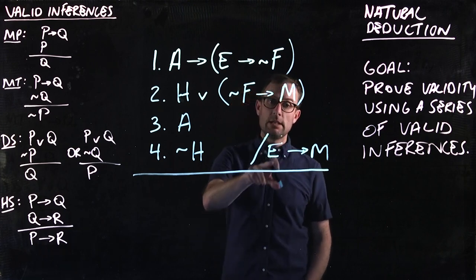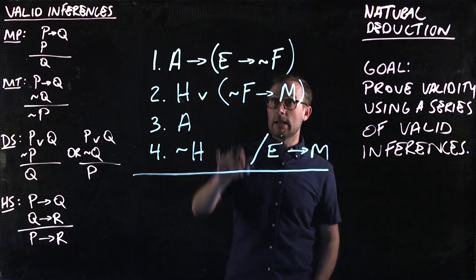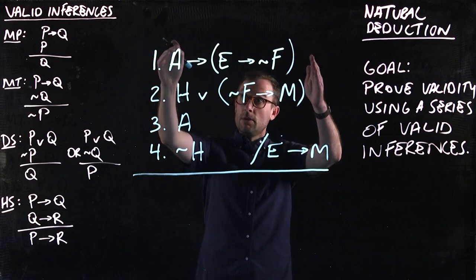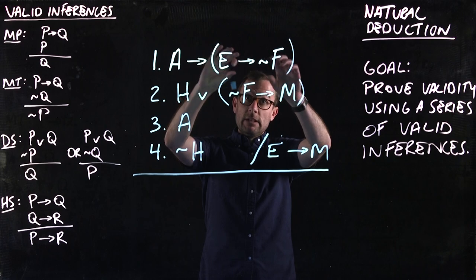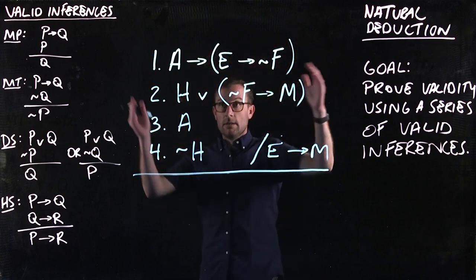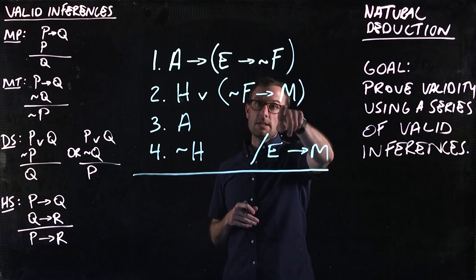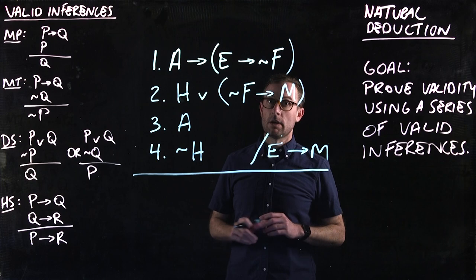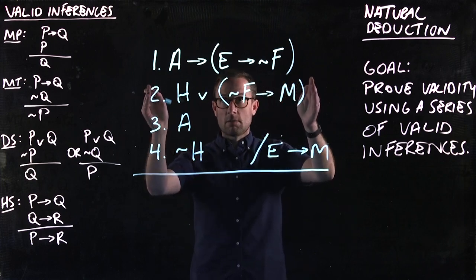So I see E as the antecedent in this conditional, which is part of a broader conditional. So here, in 1, A is our antecedent, then if E then not F is our consequent in the bigger conditional. I also see the M as the consequent in this conditional, which is actually one disjunct in this disjunction.